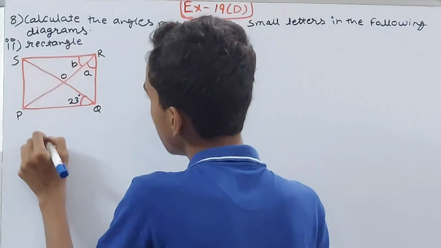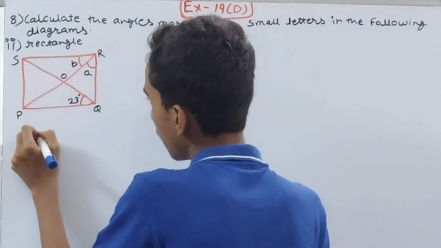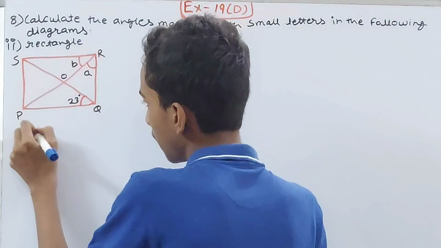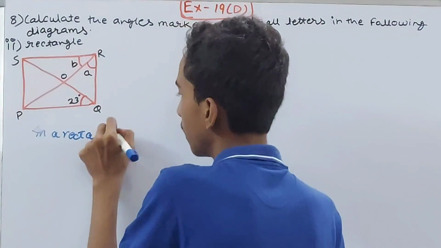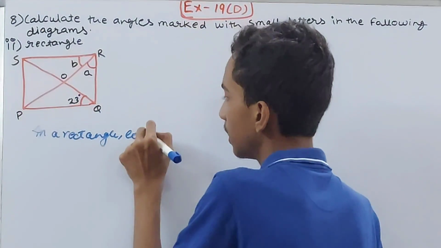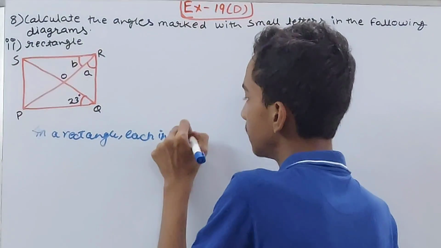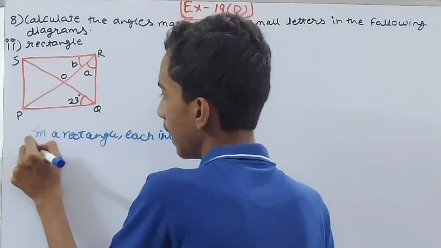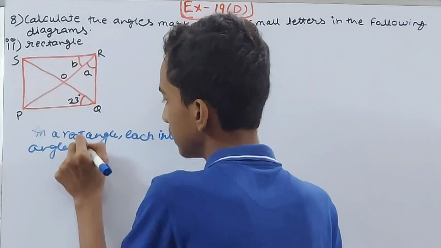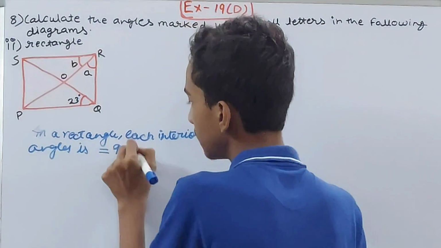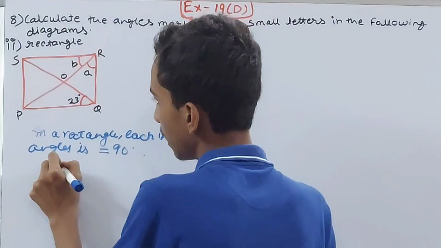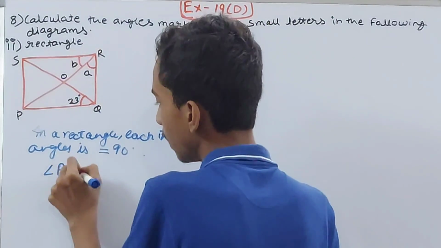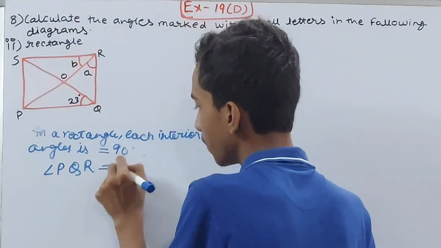Here what I will say here, look, in a rectangle, each interior angle is equal to 90 degrees. So angle PQR will be equal to 90 degrees.